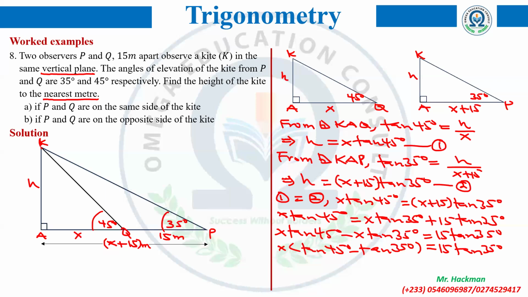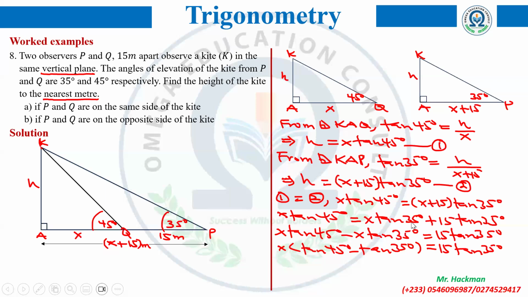Sir, I don't understand the 35. It says x tan 45 minus x tan 35 degrees is equal to 15 times tan 35. Where is the 35 from?